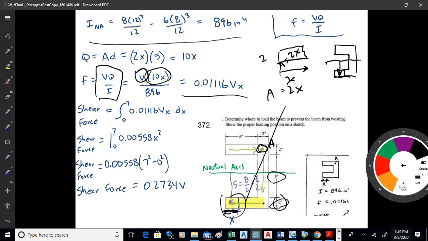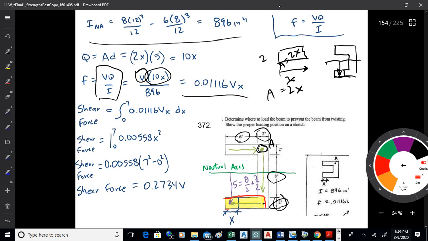Now what I'm going to do then is I'm going to sum up that shear flow across the flange as I go. Now the flange is 6 inches plus 2 inches of web. And as near as I can tell, this is just an empirical, meaning just based on experience kind of assumption. You assume that the flange extends halfway into the web.